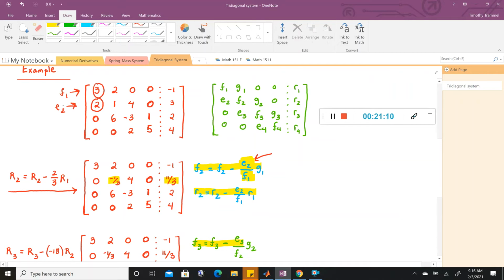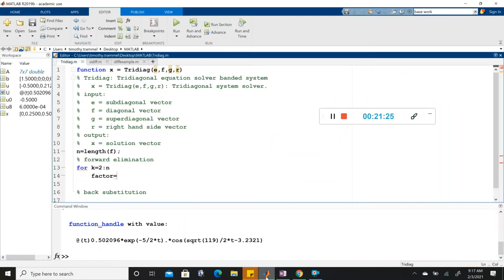And that's what's going to happen every time, because we're trying to eliminate what's below the pivot. That's the whole goal here. So let's go ahead and write in how we get our factor. We get our factor by, again, taking what's below the pivot and dividing it by the pivot.